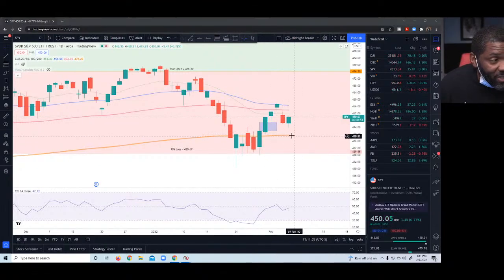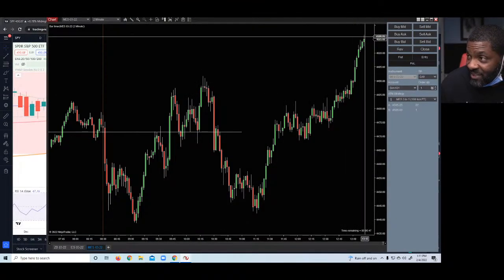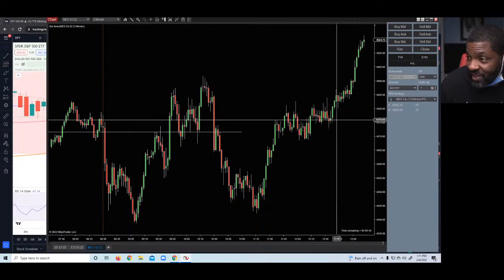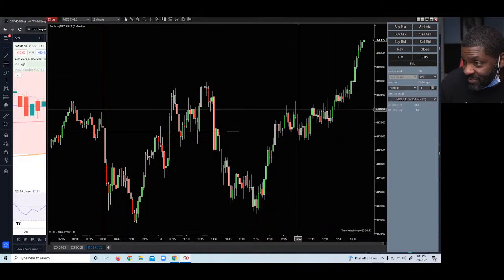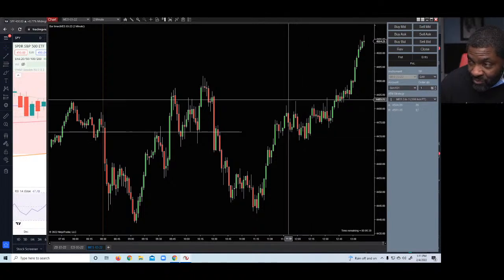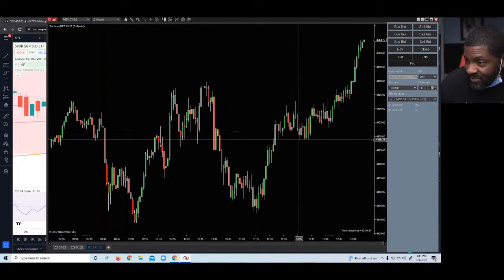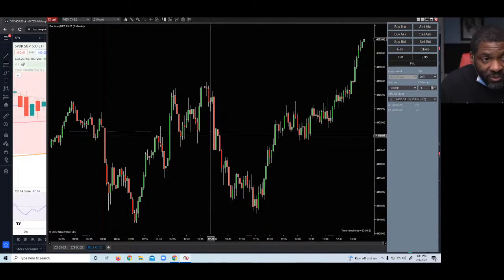We at the point where we need the market to show us what it's gonna do. Let me jump into NinjaTrader. It done blasted off since last time I came back here. When I took the other trade, it was right around here. This was like the 13-point trade, I think it was right there, and then I took a 17-point trade over here.